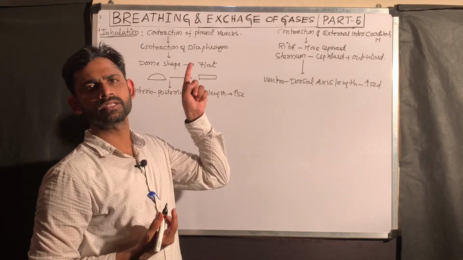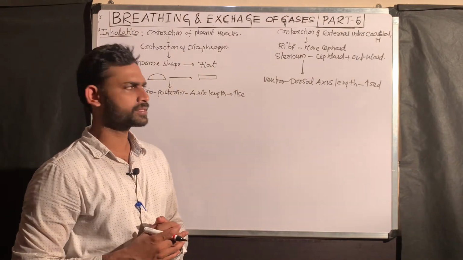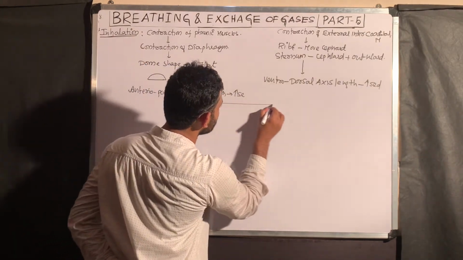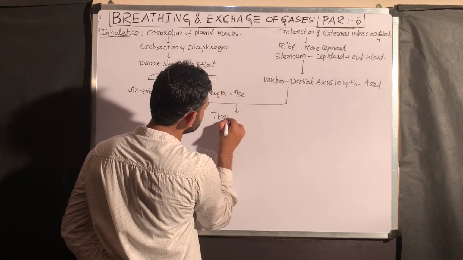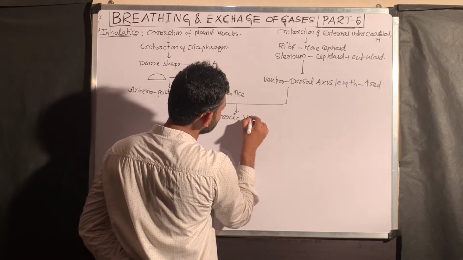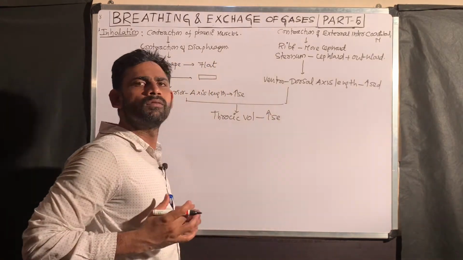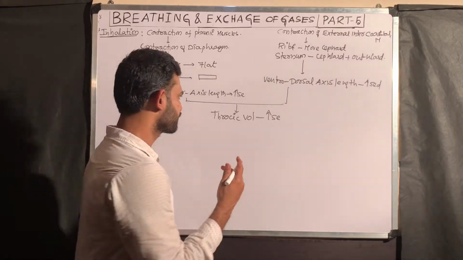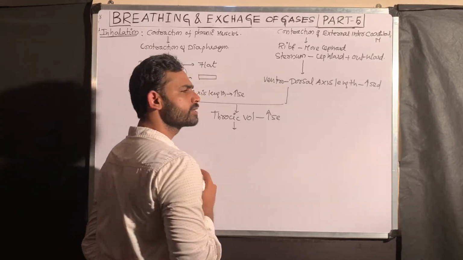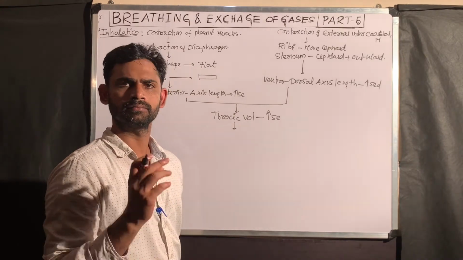Simultaneously, contraction of the diaphragm and contraction of the external intercostal muscles together make the thoracic volume increase. What is the thoracic volume? It is nothing but the volume of the thoracic cavity. Thoracic volume is directly related to the pulmonary volume.